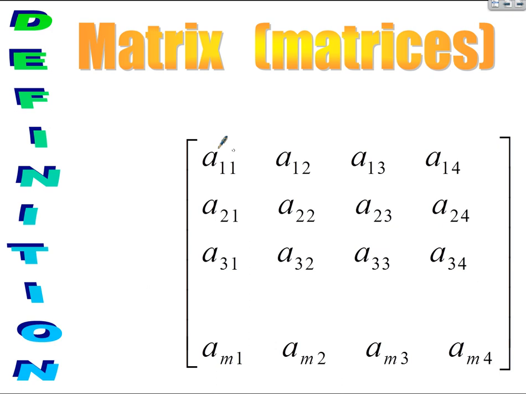So I would say that this is A sub 1,1, or A 1,1, and really what that means is row 1, column 1. That's all that's saying. This is row 2, column 3, and so we call it element 2,3. Make sense? That's how we keep track of the parts of a matrix.